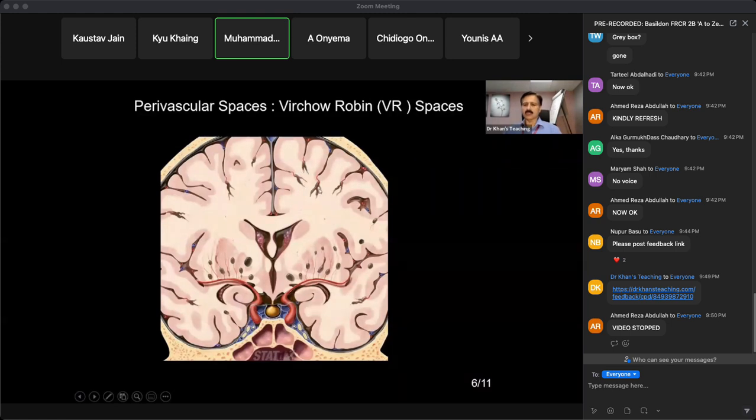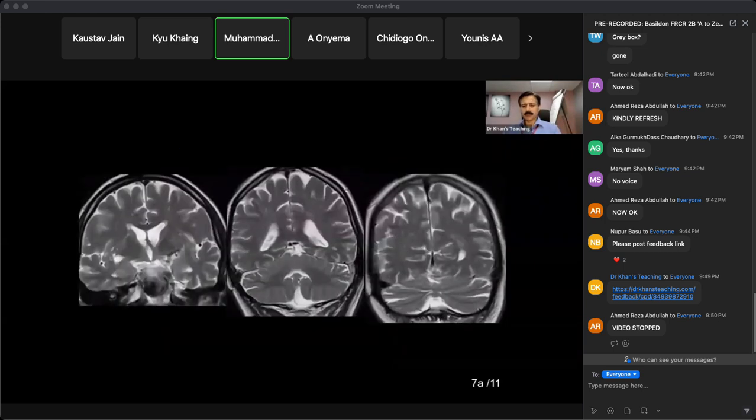And the third one, which is described in literature, is in the midbrain. So if you look at this MR carefully, you can see this. Look at this pattern. All of these are Virchow-Robin spaces. This one is a Virchow-Robin space.